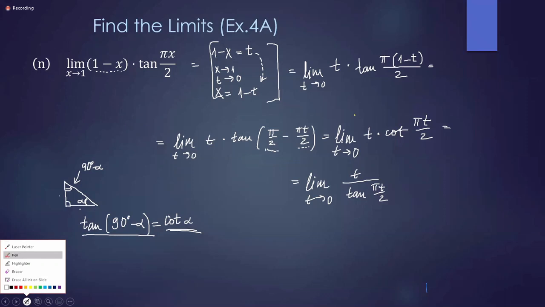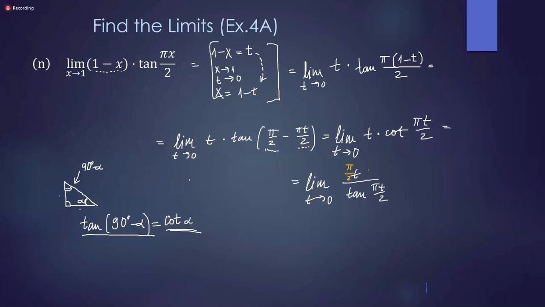But then to cancel this out, I also need to multiply by the reciprocal. I multiply by pi over 2, and then I multiply by 2 over pi. So both the yellow parts cancel out because the product of the two yellow factors is 1. But I need one of these yellow factors simply because I want this. And so I see that this limit is actually equal to 1. And so my solution turns out to be 2 over pi.